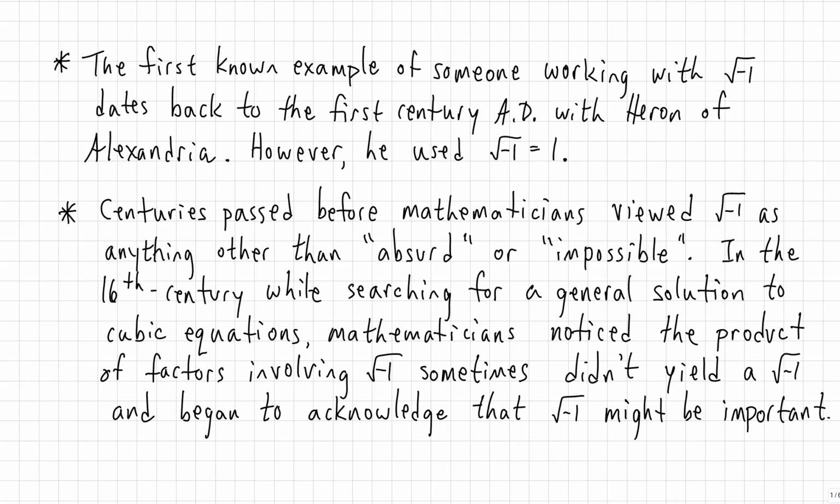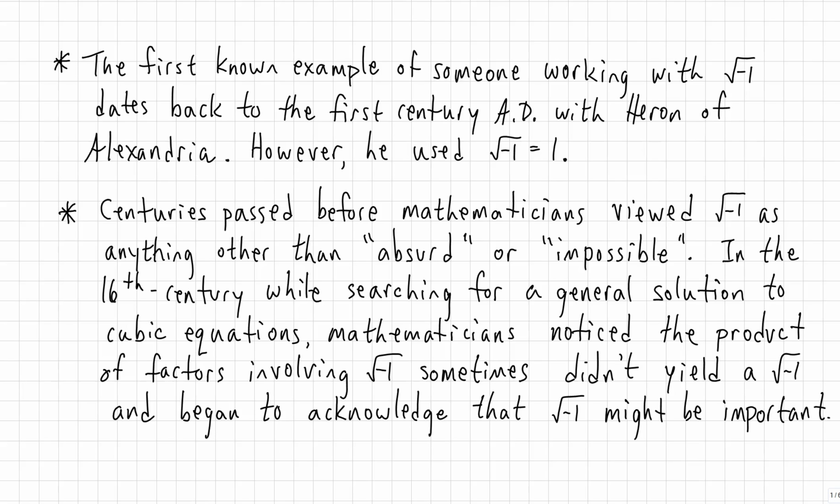But in his calculations, I believe he was working on the frustum of a pyramid, if I remember right. In his calculations, he used +1 for the principal square root of -1, which we now know is not true, so kind of missed an opportunity there to become famous in the world of mathematics.